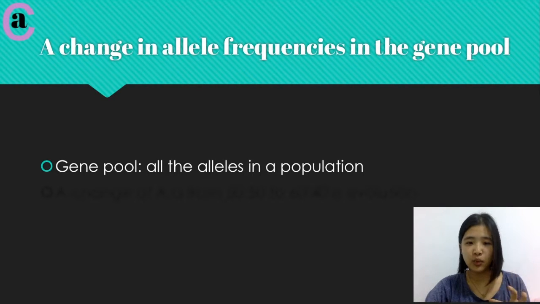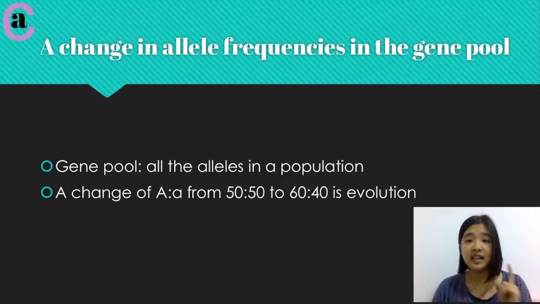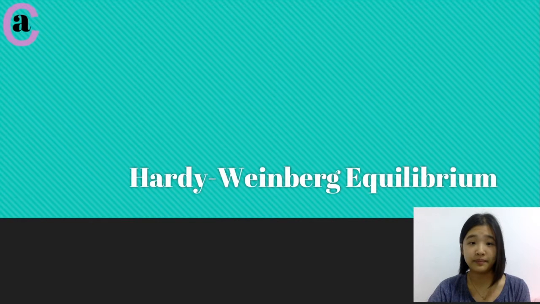So the gene pool is all the alleles in a population, and evolution is any change in allele frequencies. If you have a big A, little a proportion of 50-50 in one generation, and in the second generation that allele frequency changes to 60-40, that is an example of evolution.